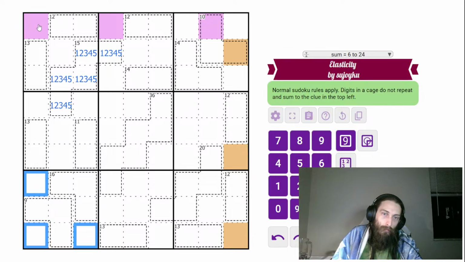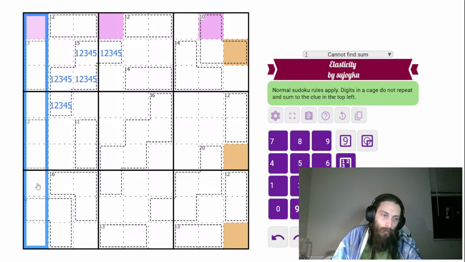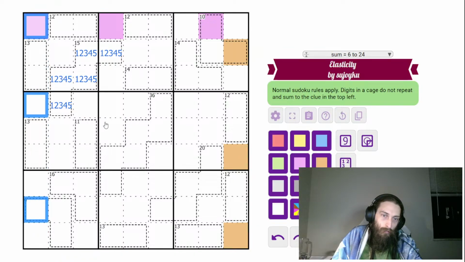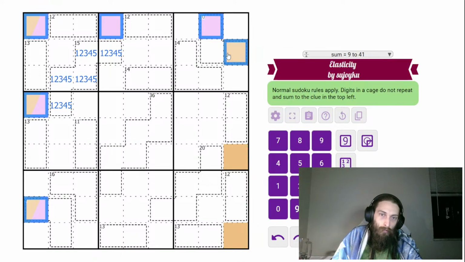Right. So if we look at this column, it isn't in the 20 and it isn't in the 13s. And 3 is not in the 13s, but it can be in the.